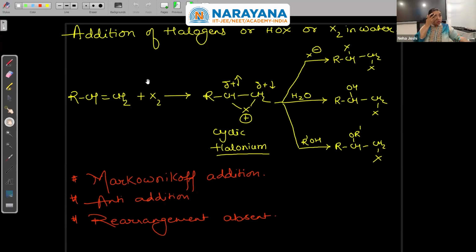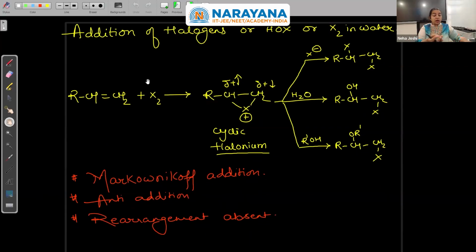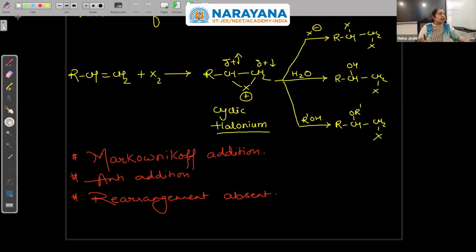Addition of halogens, X2, in water. For them, we have an intermediate called cyclic halonium. This cyclic halonium is an example of a non-classical carbocation.